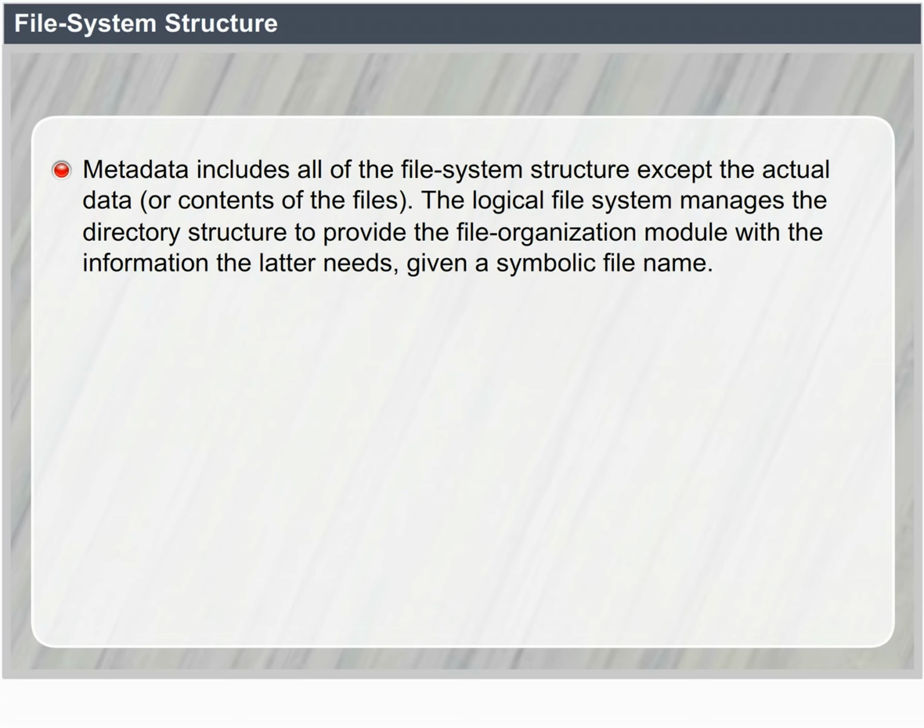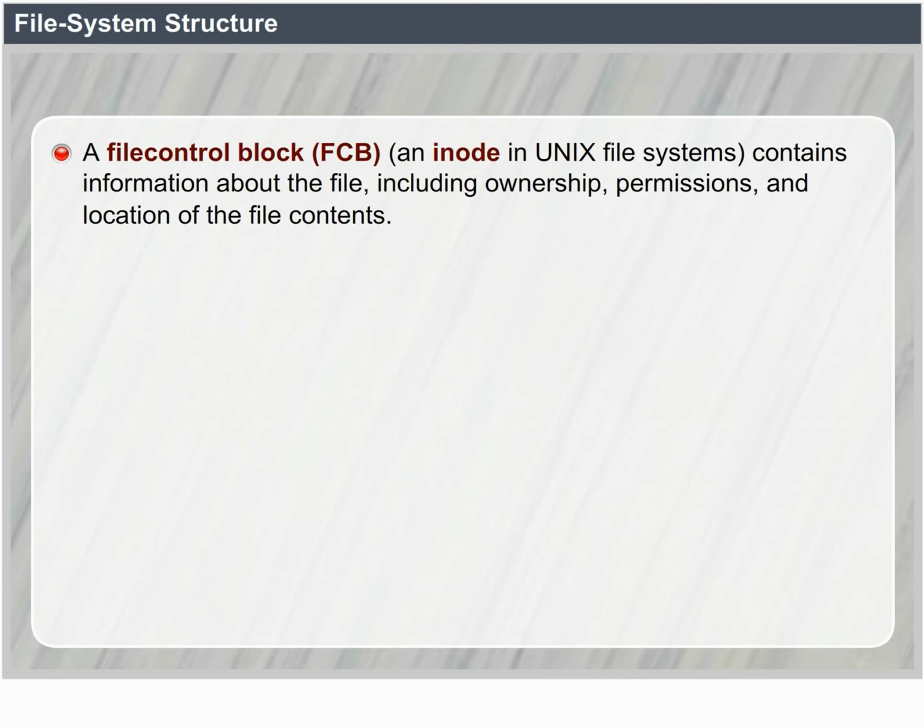It maintains file structure via file control blocks. A file control block, FCB, an inode in Unix file systems, contains information about the file including ownership, permissions, and location of the file contents. The logical file system is also responsible for protection.